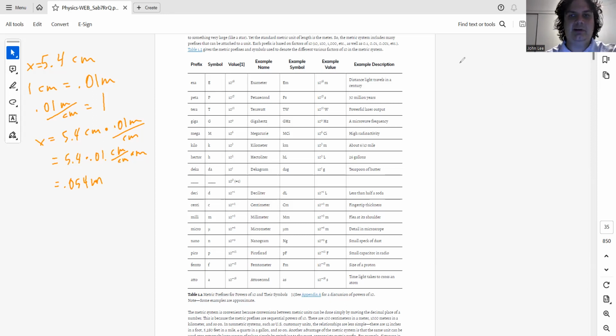So when you convert from some other mass to the SI unit of kilograms, you have to be aware that it's going to be 1,000 times less than what you'd see if you were just solving with grams.